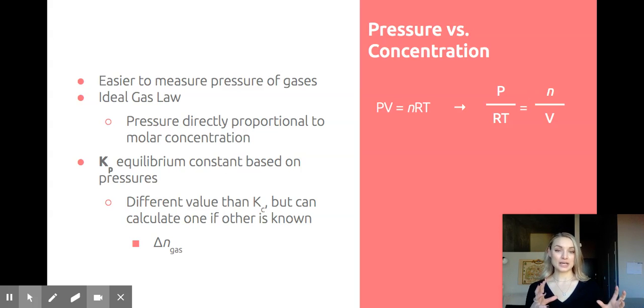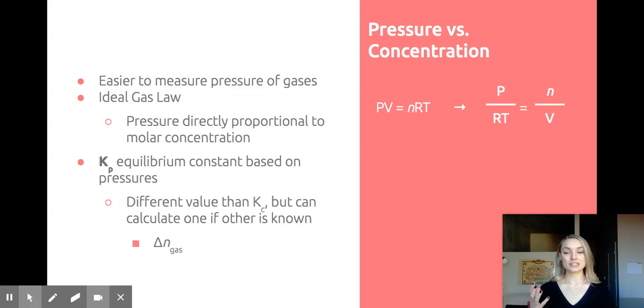If we rearrange that, so we've got P divided by RT is equal to n divided by V, we can see that the pressure P is directly proportional to our molar concentration. This gives us some pretty good flexibility to relate pressure and concentration, especially when we're dealing with things like equilibrium.